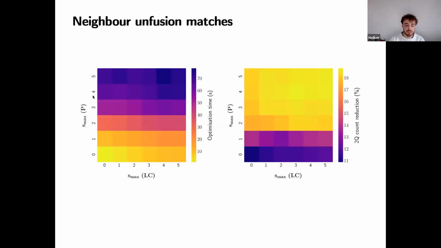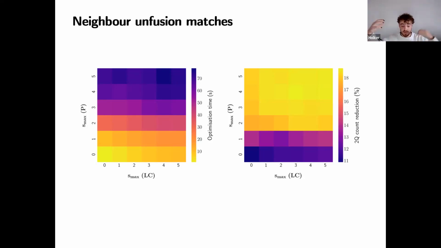So these heat maps show the time. The left one shows the optimization time as a function of how large you allow this subset to be for local complementation and for pivoting. On pivoting, we also have to include all unfusion sets on both vertices.